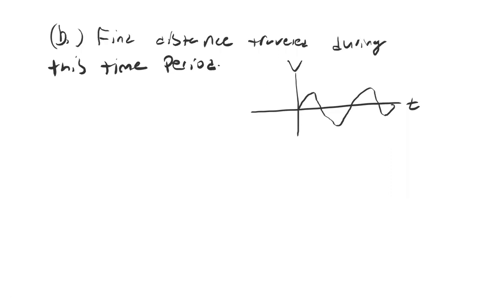These areas up here have positive value when I integrate, and these areas down here have negative value. So when I integrate this function, it might be positive, might be negative. The first one I wanted to find the displacement. This one I want to find the total distance traveled.